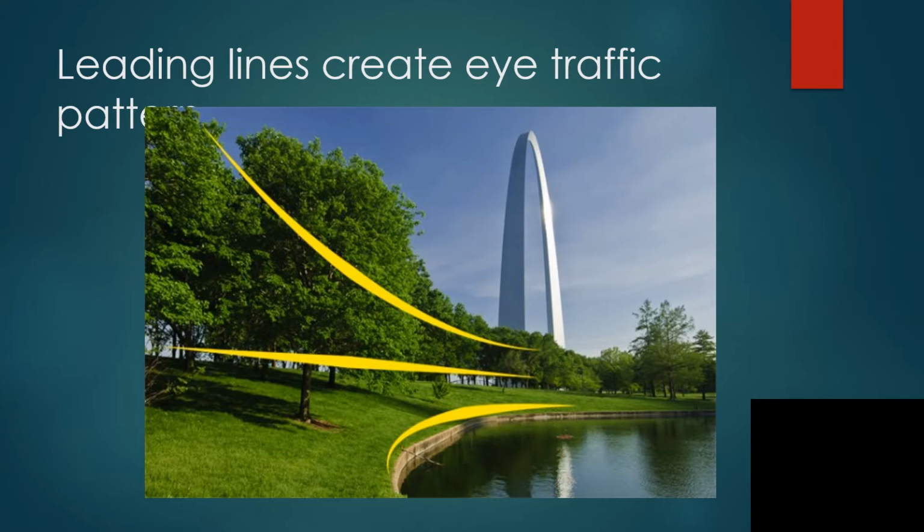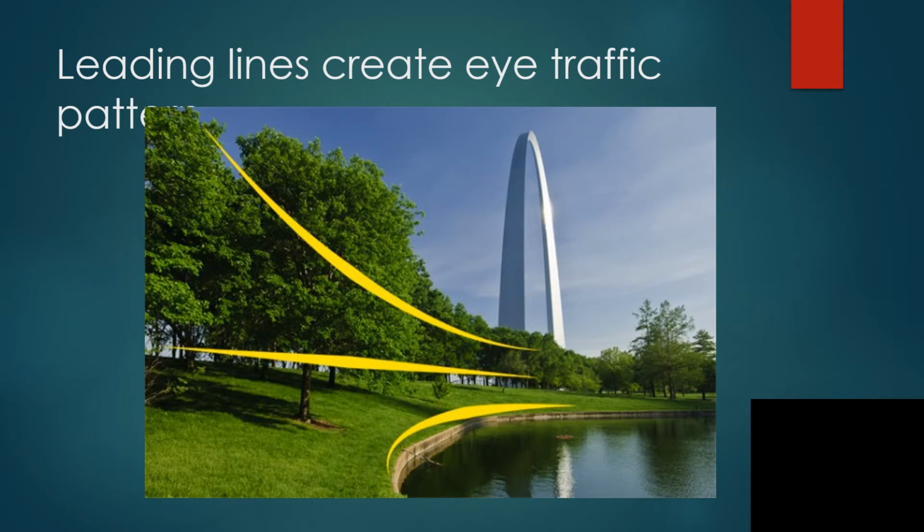So one of the compositional guidelines talks about the importance of having leading lines in your pictures. Now, before I try and generalize, we do understand that not every picture is going to have leading lines in it.